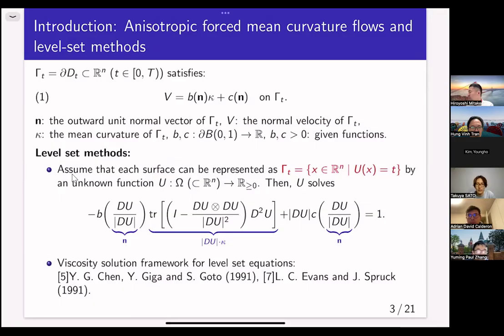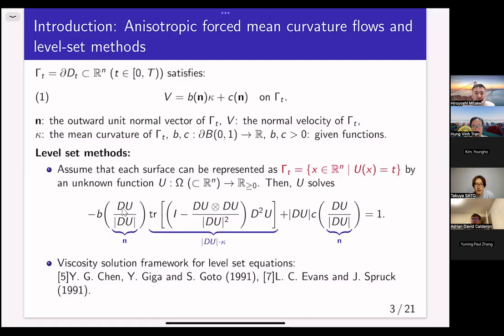This means at first we assume that each hypersurface gamma t can be represented in this red form, for some unknown function u, each hypersurface gamma t is written by the t level set of this unknown function u, and then we can formally calculate the values n and v and kappa by using unknown function u, and substituting n and kappa and v into equation one, we can get a partial differential equation for the unknown function u, like this form.